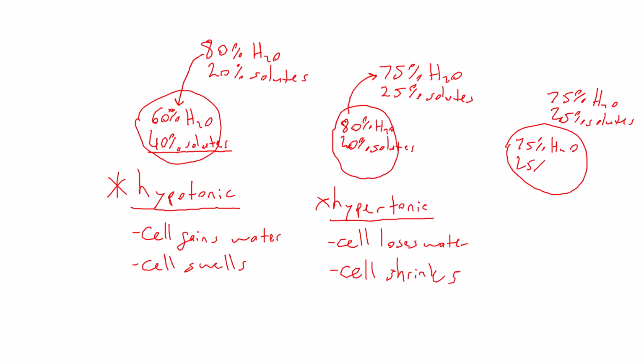When you have an equilibrium like this, yes, some water is going to trickle in, some water is going to trickle out, but it's going to be about equal. This is called isotonic, the way we want it to be. So here, no net gain or loss of water, and the cell remains the same size.